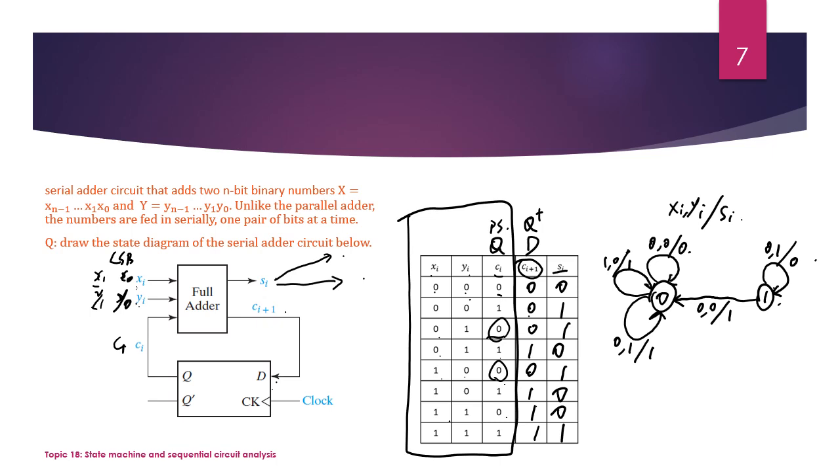If the current state is 1 and we have 1, 0, the next state is still 1, and the output is 0 this time. Lastly, if we are at 0 and we have 1, 1, it will point to state 1, with output 0. And the last one, if we are at state 1 and it's 1, 1, it stays at itself.